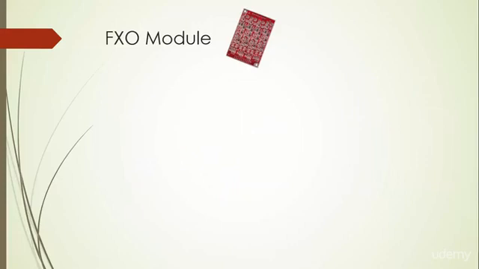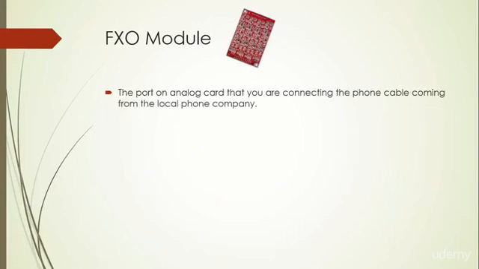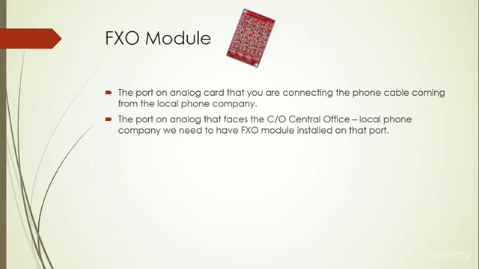FXO module. This is the port on the analog card where you connect the phone cable coming from the local phone company. So this is the module that we will install on the port of the card where we are connecting the line coming from the local phone company.